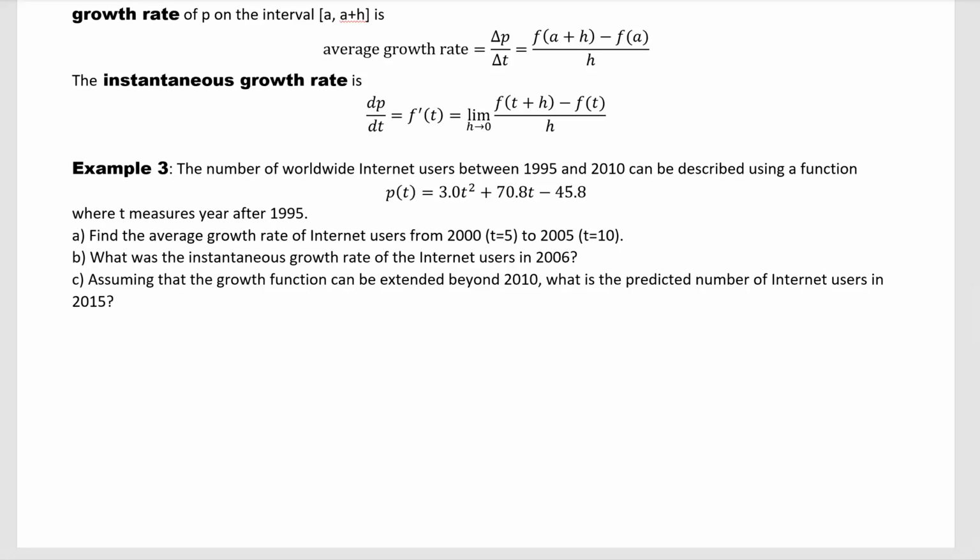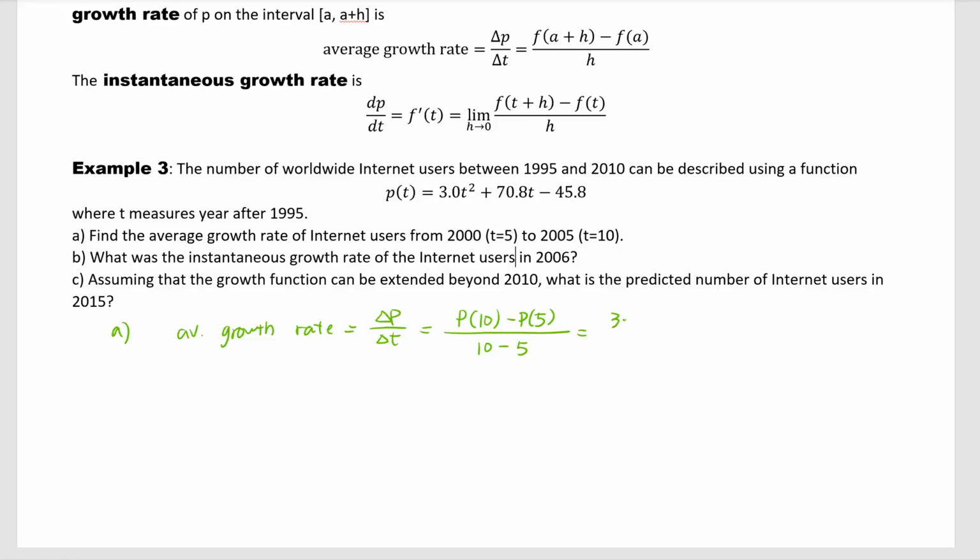Alright, so let's see. Part A, average growth rate. That is change of P over change of t. And so we're looking at 10 and 5. So P of 10 minus P of 5 over 10 minus 5. What is P of 10? Well, that means whenever you see t in the expression, we replace t by 10.